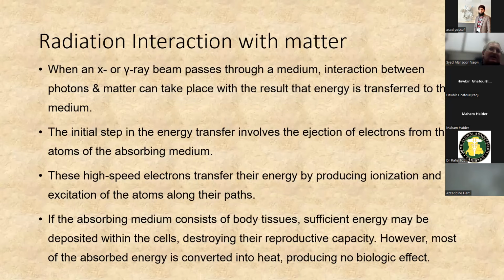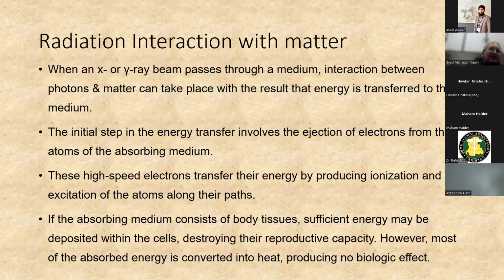Radiation interaction with matter. When an X-ray or gamma beam passes through a medium, interaction between photon and matter can take place, with the result that energy is transferred to the medium. The initial step in the energy transfer involves the ejection of electrons from the atoms of the absorbing medium.